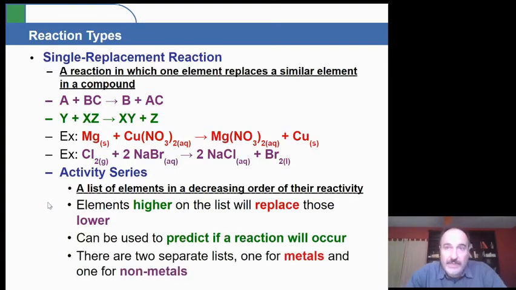Now, there are two separate lists, one for metals. In other words, for the purple one up here, it follows this pattern: will metal A replace metal B? Or there's also one for nonmetals, like in the case of the green example here: will nonmetal Y replace nonmetal Z?